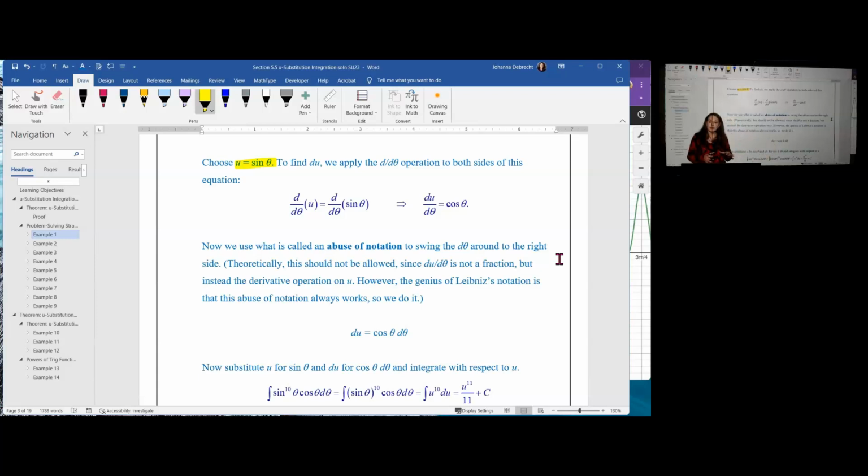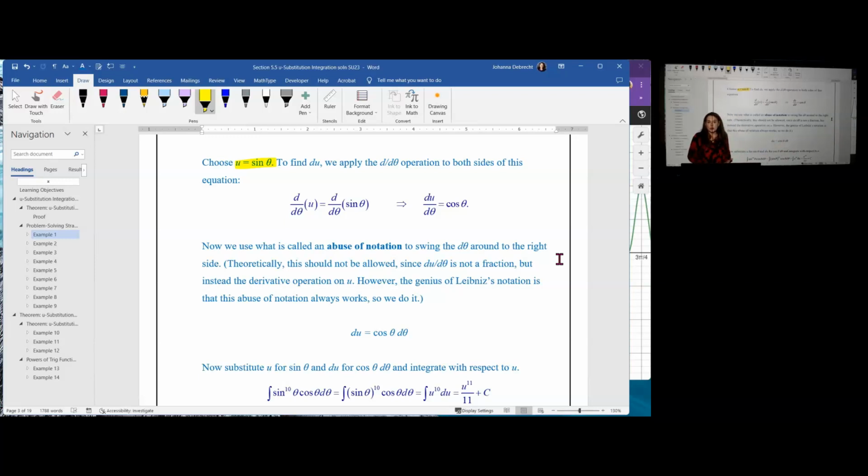At this point, there are two ways that you can go. You can isolate d theta, since that's what's in the original integral, and substitute for it. Or you can recognize that cosine theta d theta is also in the original integral, and you can substitute du in place of that.